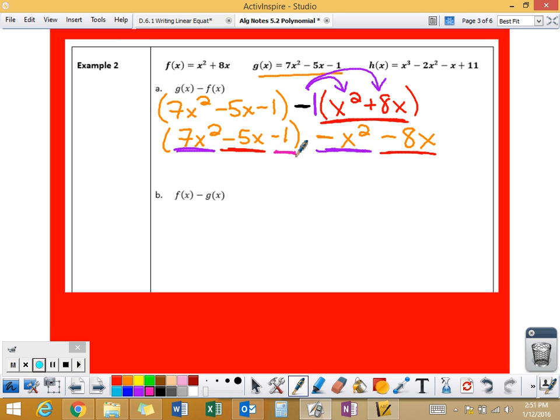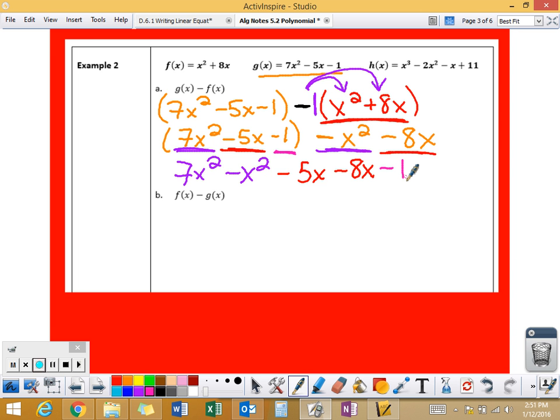Okay? So let's rewrite it so that similar things are together. First I have 7x squared minus x squared. Those things are alike, so I write them next to each other. Then I have -5x minus 8x. Those things are alike, so I write them next to each other. And the last thing, the lonely -1, I would write at the end, -1.